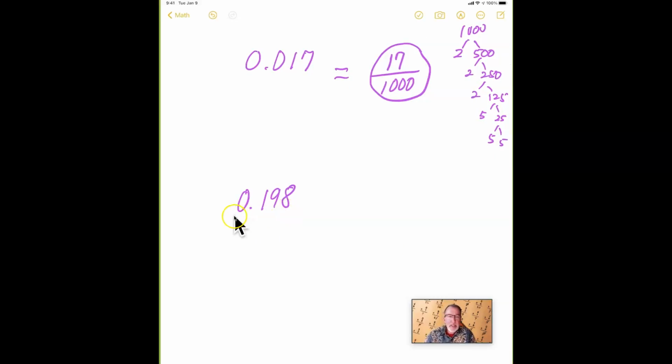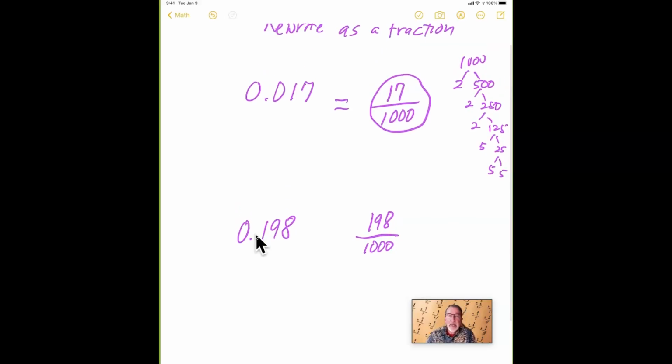0.198 is one way to read this. Also, 0 and 198 thousandths. So if we write that out, 198 thousandths, then we can see if we need to reduce this. Some of you may have already noticed these are both even, so we should divide them both by at least 2, possibly 4.